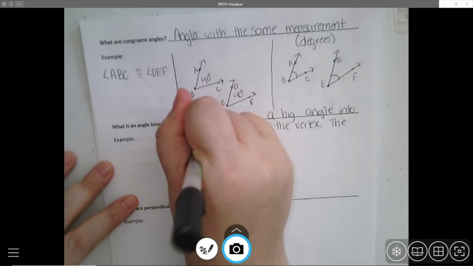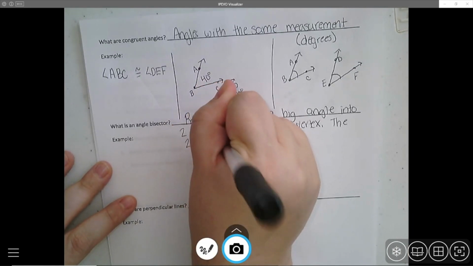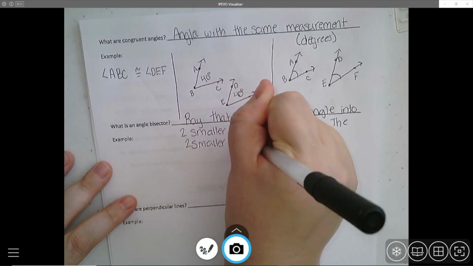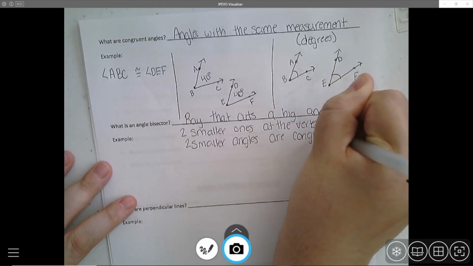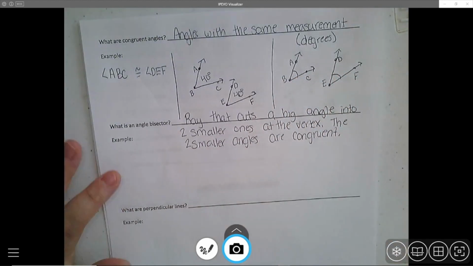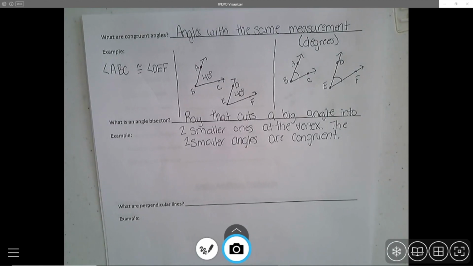The 2 smaller angles are congruent. So this is a ray that's going to cut a big angle into 2 smaller angles where those 2 smaller angles are congruent or have the same degree measurement.